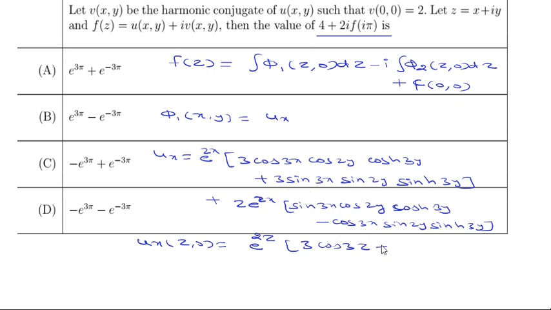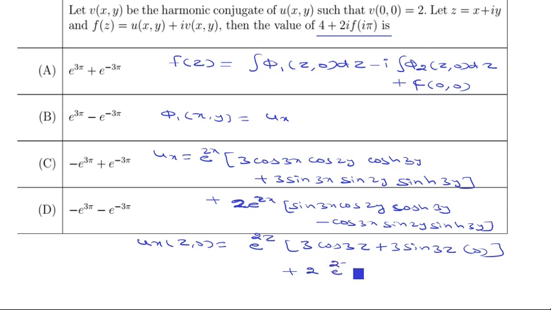Here plus 3 sin 3z times sin 2y; sin 0 is 0, so this term is 0.